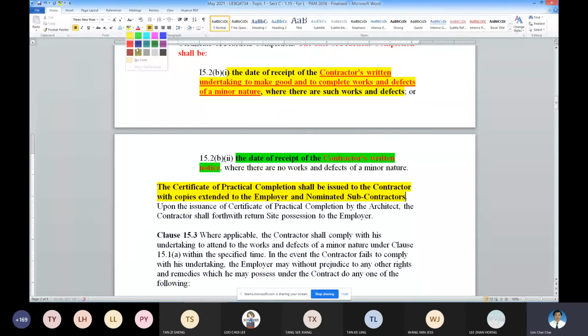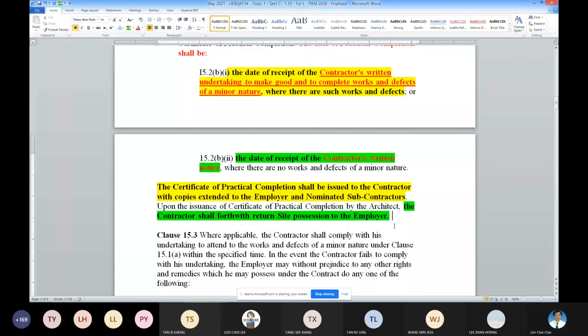Okay. So now this is the important legal aspect. The moment CPC is issued, the rights of the contractor, the license given, are extinguished. So the contractor shall forthwith return site possession to the employer.